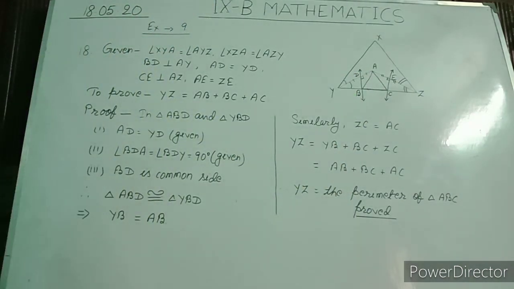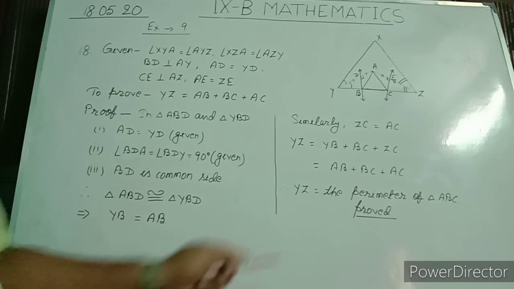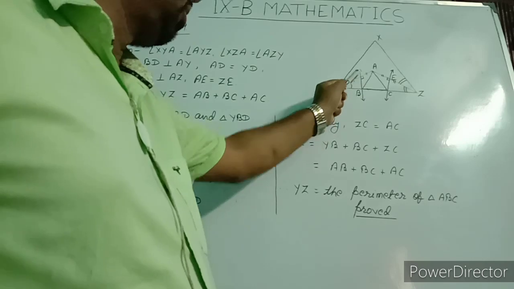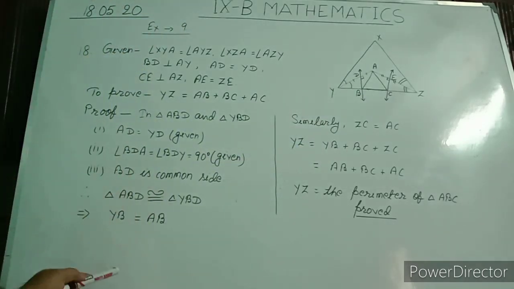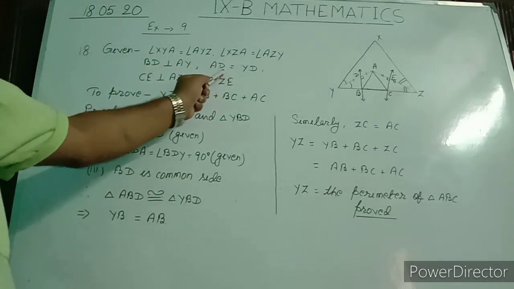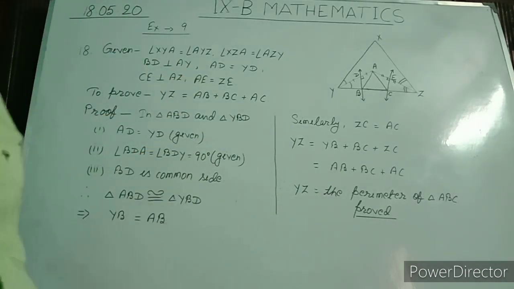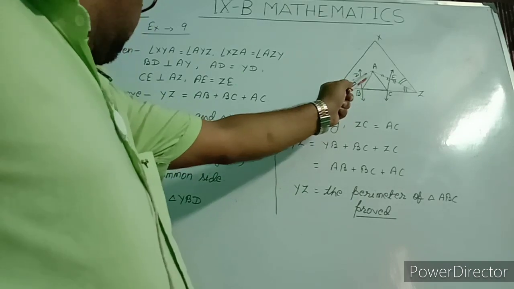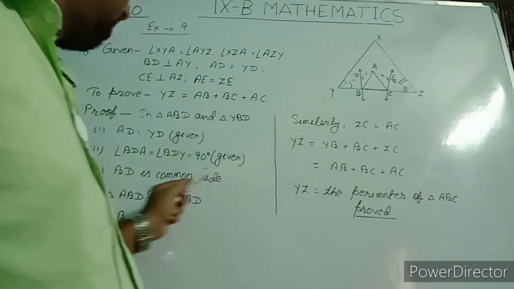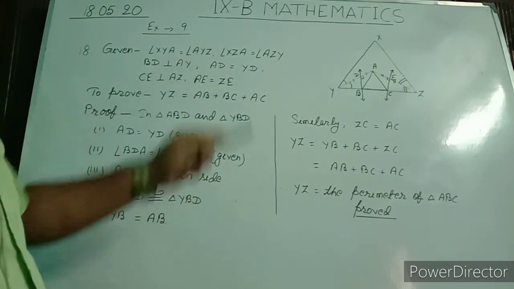So in proof, at first I proved triangle ABD is congruent to triangle YBD. For that we have three conditions. AD equal to YD, this is given from given information, I wrote here given, and angle BDA equal to angle BDY equal to 90 degree, this is also given.